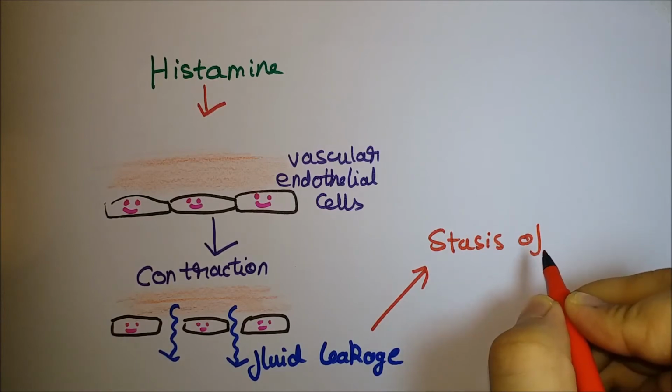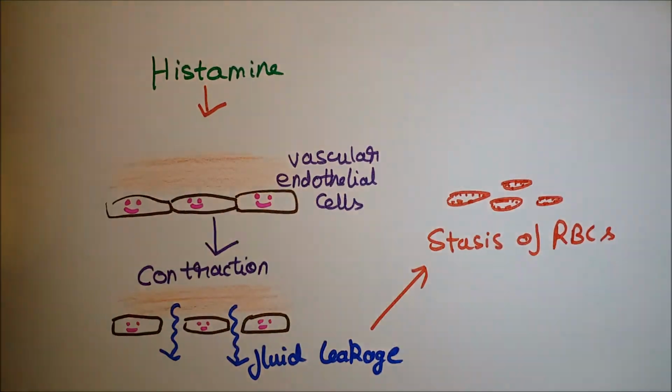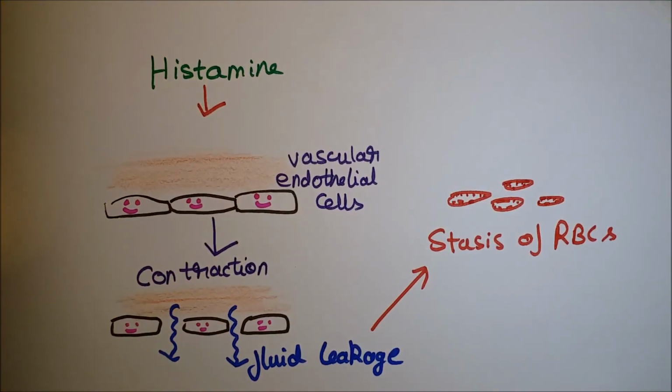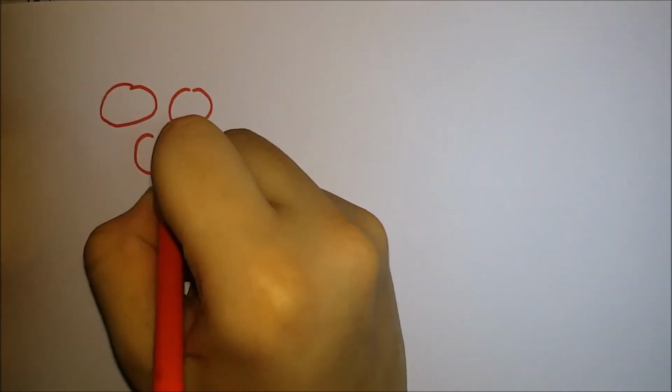This causes stasis of RBCs, because since the fluid is lost, the cellular count increases, or the hematocrit increases. That is, the percentage of RBCs increases at the particular site.